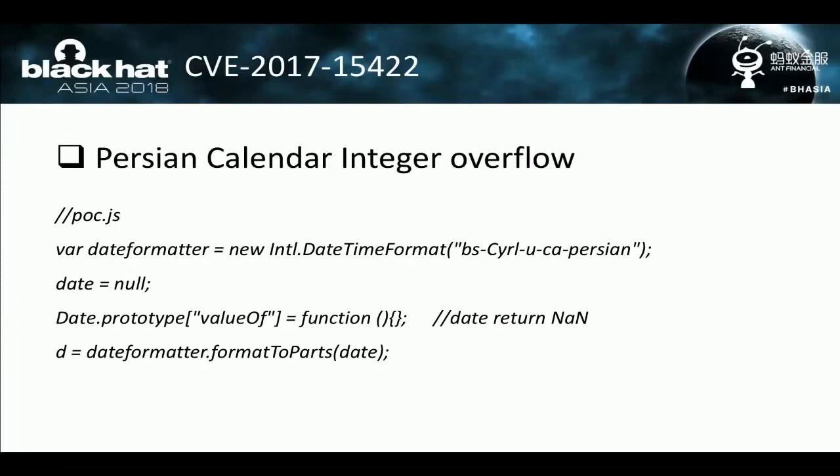Then we change the value of the function of Date.prototype to a long function. This function just returns without returning a value. So every time it's called, it returns not a number. And last, formatToParts is called. The crash will be triggered.